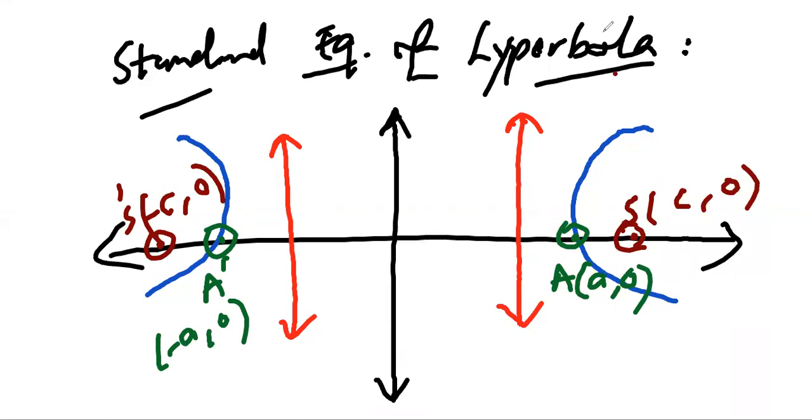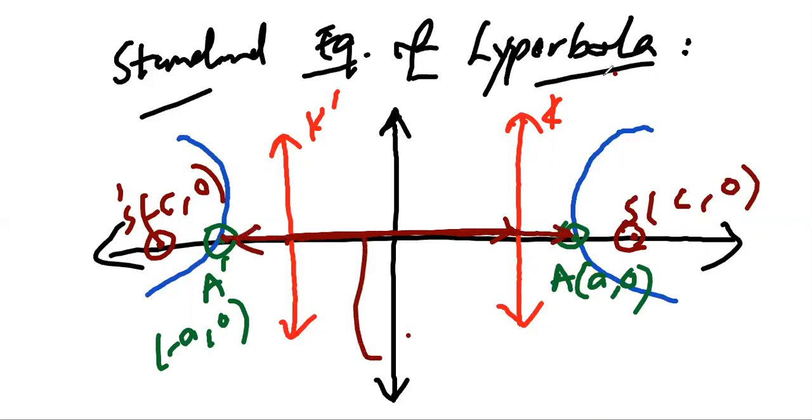This is called directrix, K dash and K, and this is called transverse. The distance between the two vertices is called transverse axis. Okay, it's called transverse axis. These all are the things for hyperbola.